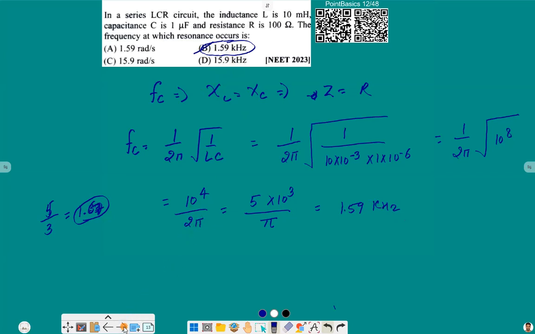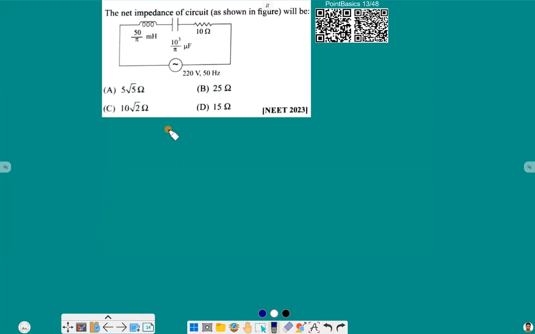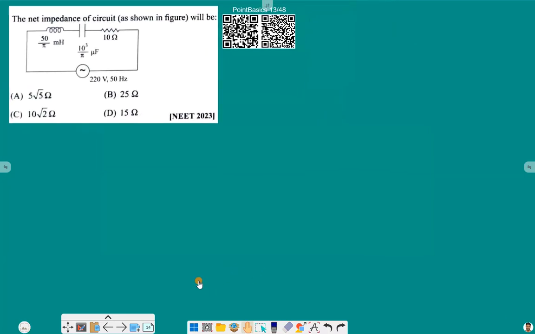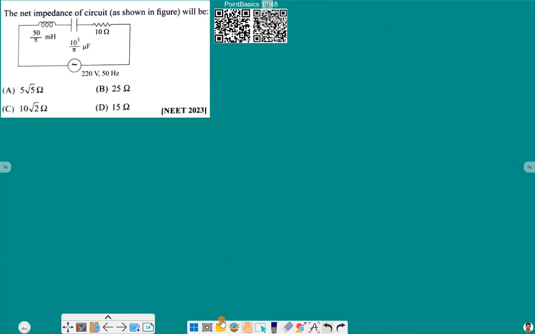Let's move to the next one. The net impedance of the circuit will be? For that, we need to calculate the individual components. In the impedance term, we have under root R square plus XC minus XL square.